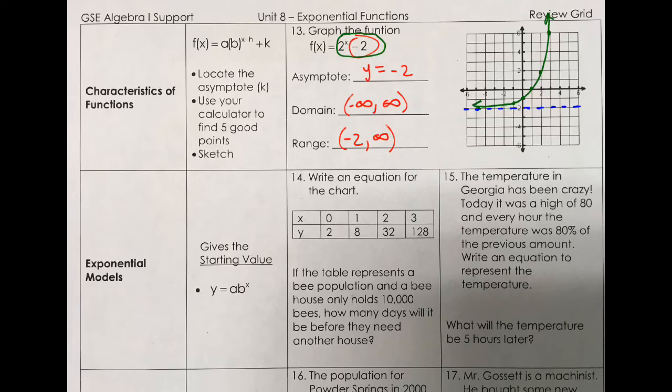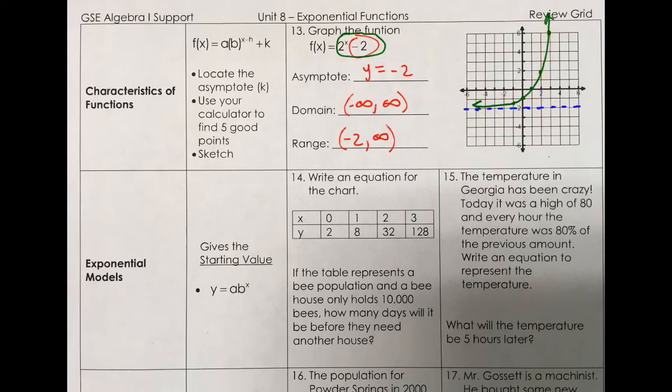I guess one more thing I could note is, follow my pointer here, if this had been a negative out here, well, that would be a transformation. And we talked about that a little bit in class. Whereas the parent function of an exponential graph is always going to take this shape right here, unless something acts upon it.